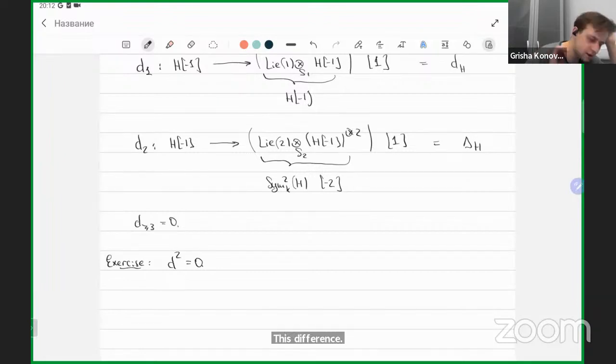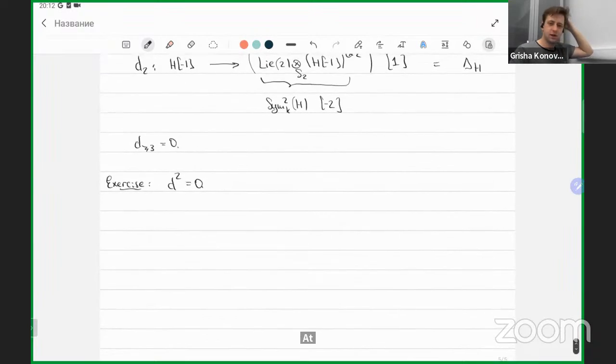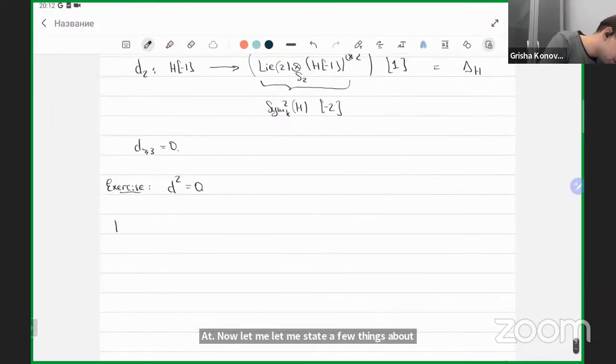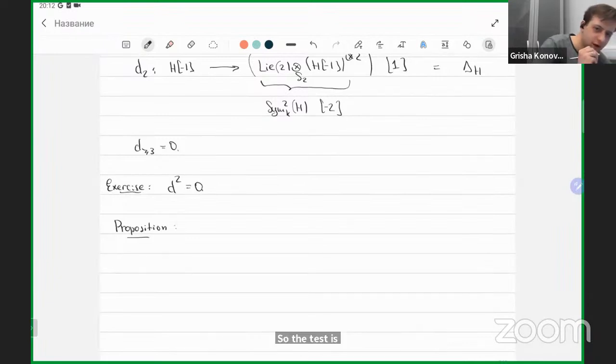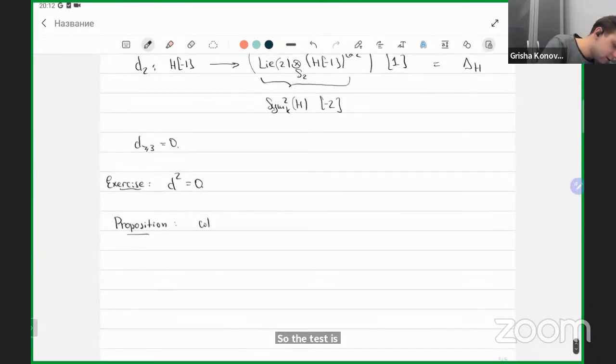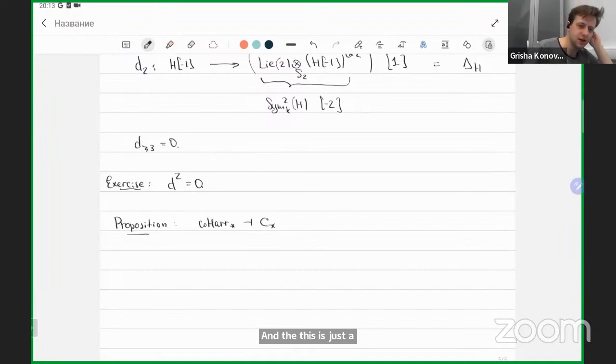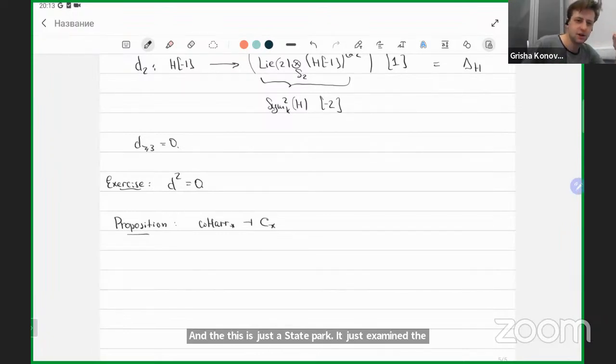And now let me state a few things about these functors. The first is that cohar is a left adjoint to C lowest star, and this is straightforward. You just examine the definition, and by that you get the result.